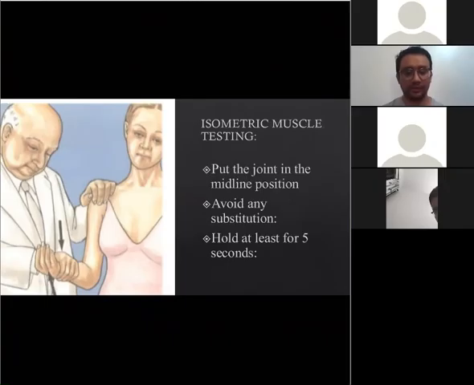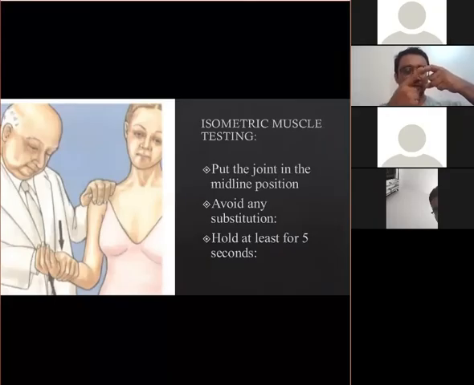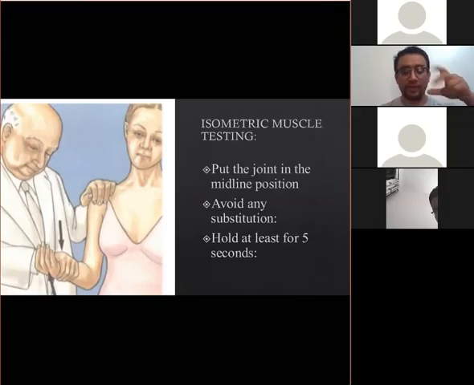Let's break it down. When you do isometric testing, I told you, you look for strength and you look for pain. And if you combine this, you'll get 4 options. One is muscle can be strong and pain-free, right? No pain but strong.